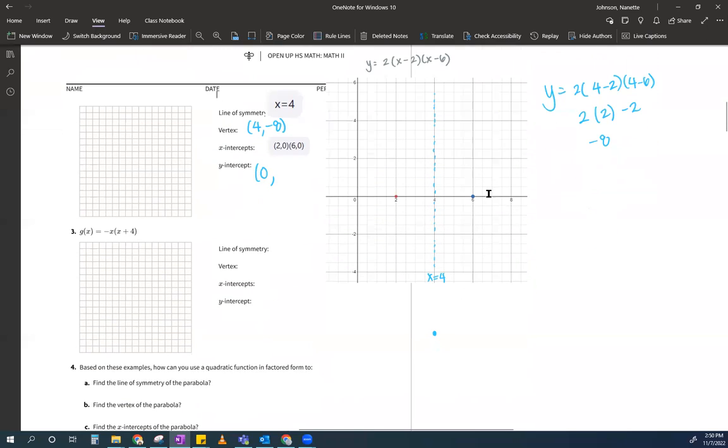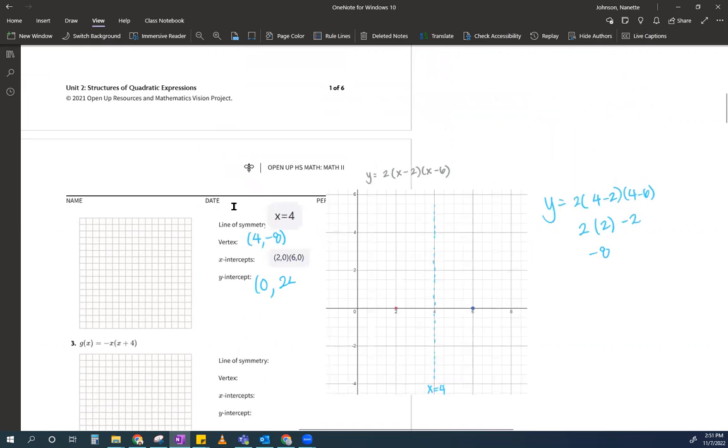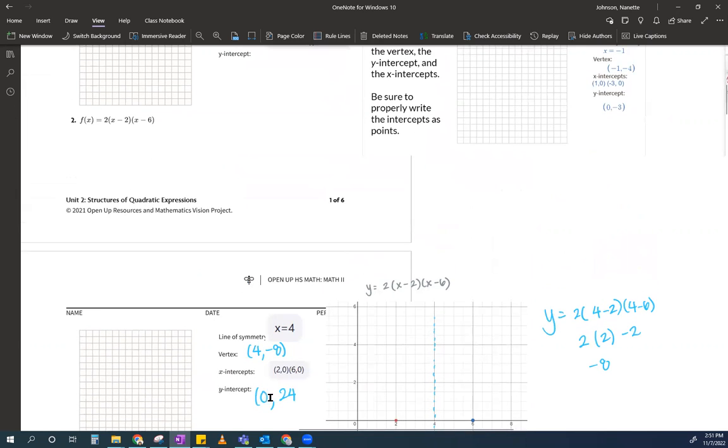Do you guys all see my parabola there? I'm going to try my best to connect the dots here. It's not going to be the greatest, but that's okay. There you go. And that's basically it. So here's the moral of the story. When looking at this, you can instantly pick off your x-intercepts.